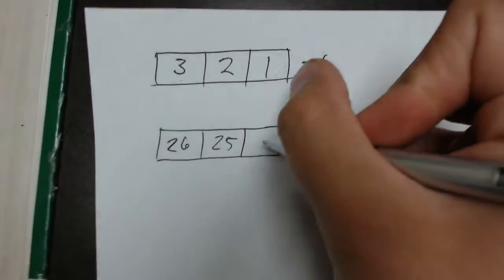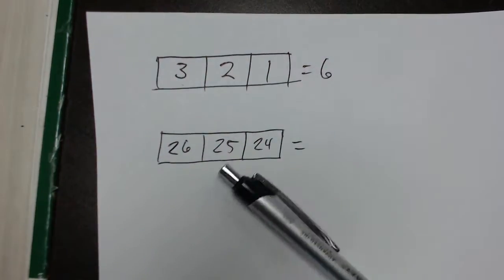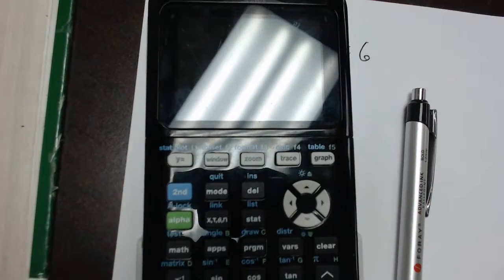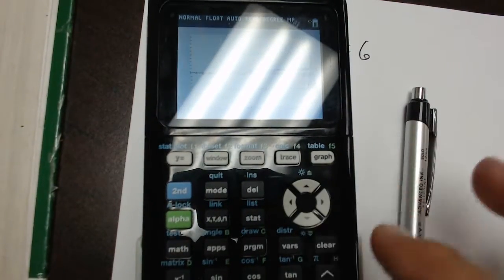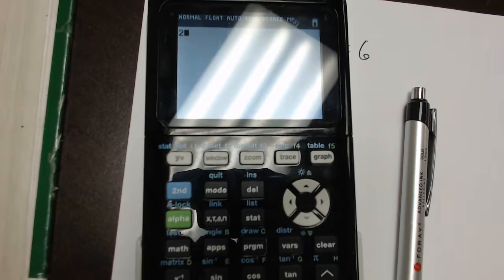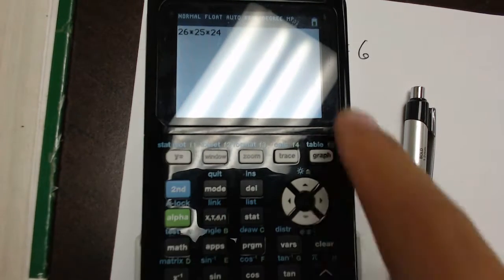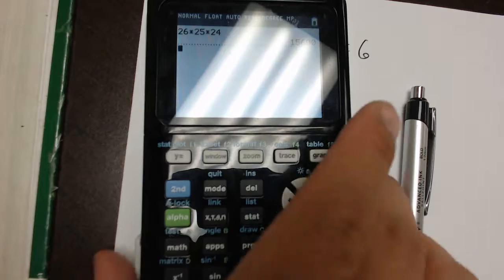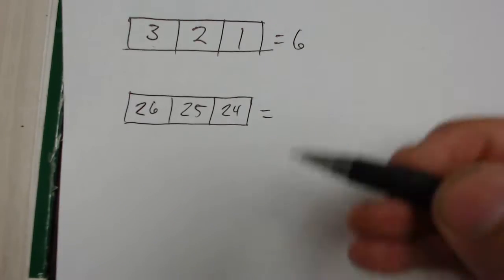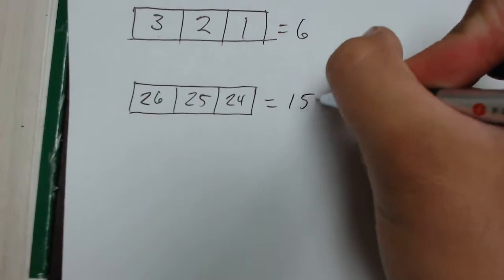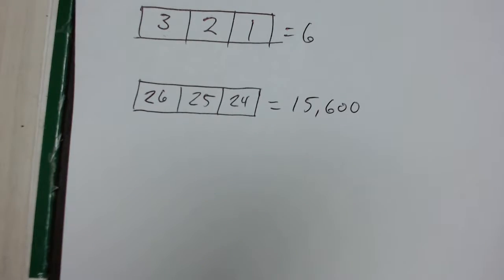In the third box, I now only have 24 options. So the answer to that would be 26 times 25 times 24. So take those three, multiply them. I have 15,600 ways I can put three letters of the alphabet in order without repetition.